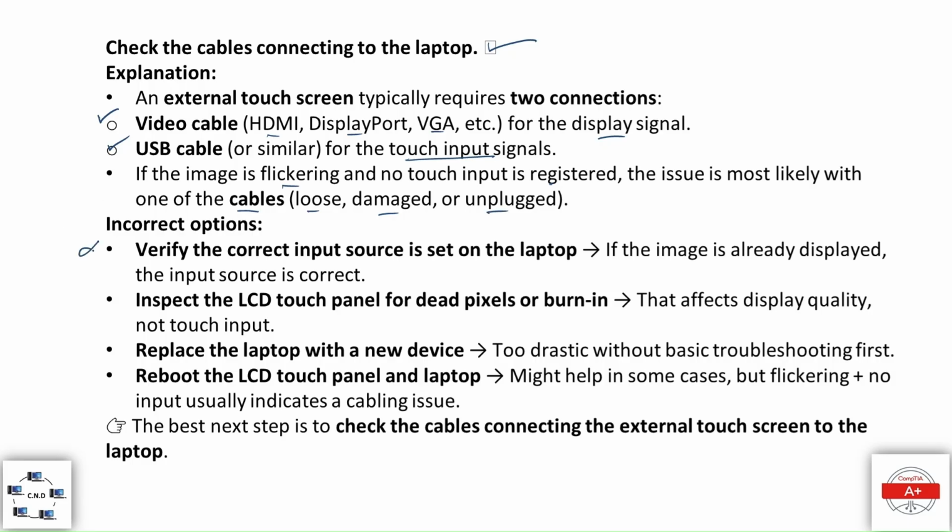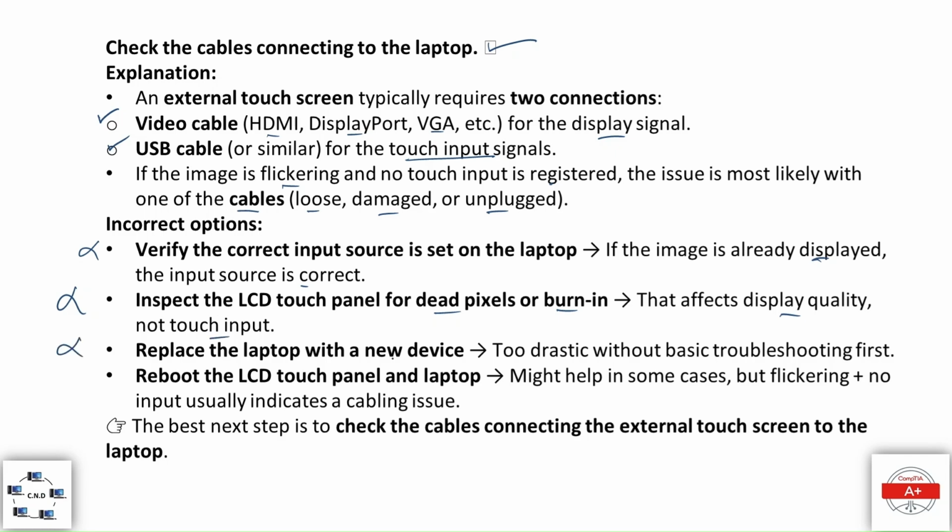Incorrect options: verify the correct input source is set at the laptop. If the image is already displayed, the input source is correct. Inspect the LCD touch panel for dead pixels or burning, so that affects display quality, not touch input.